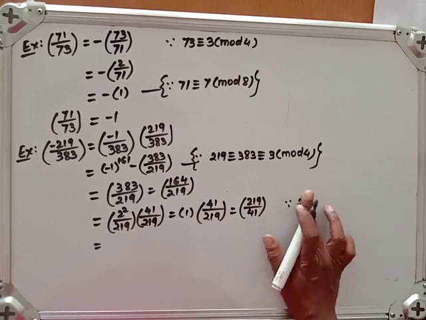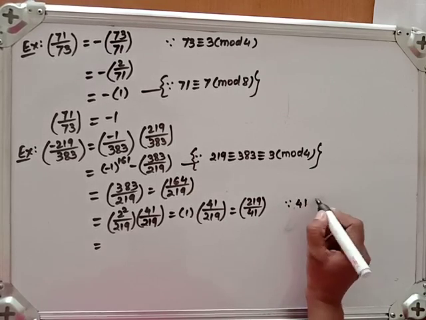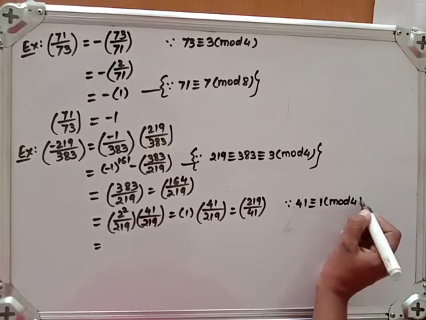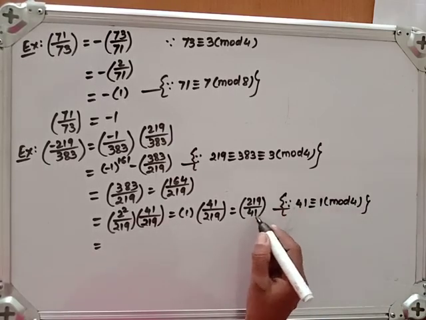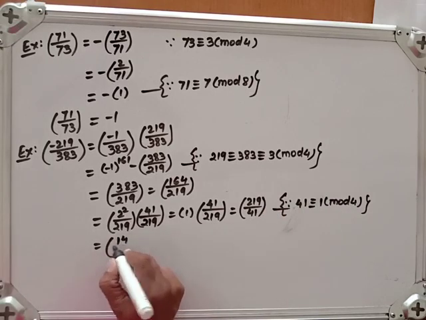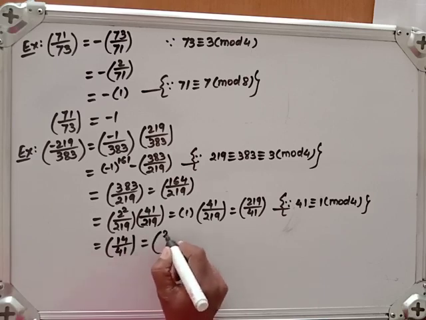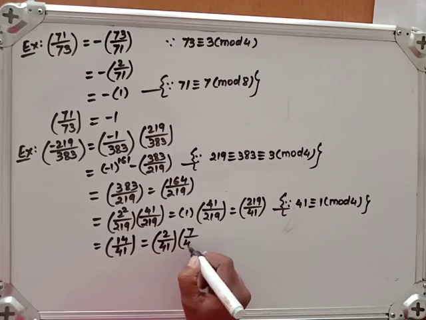We can take 41 here, since 41 is congruent to 1 modulo 4. So 219 upon 41 is equivalent to the Legendre symbol of 14 upon 41, that is the Legendre symbol of 2 by 41 times the Legendre symbol of 7 by 41.